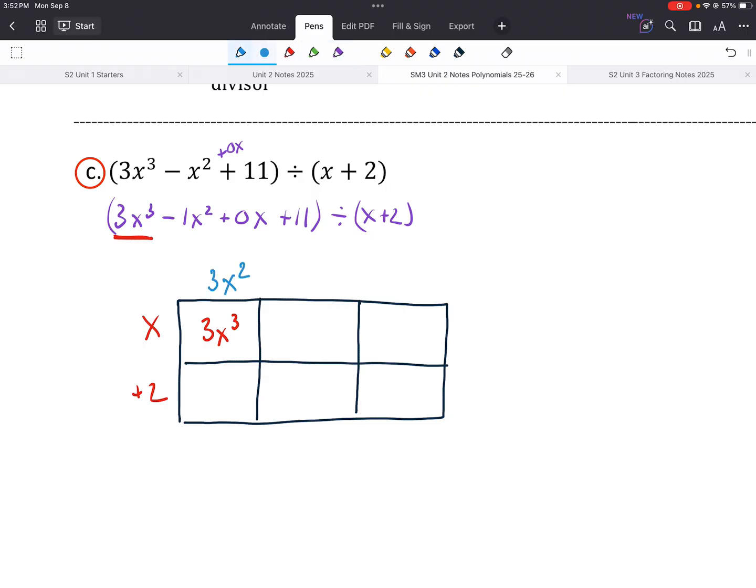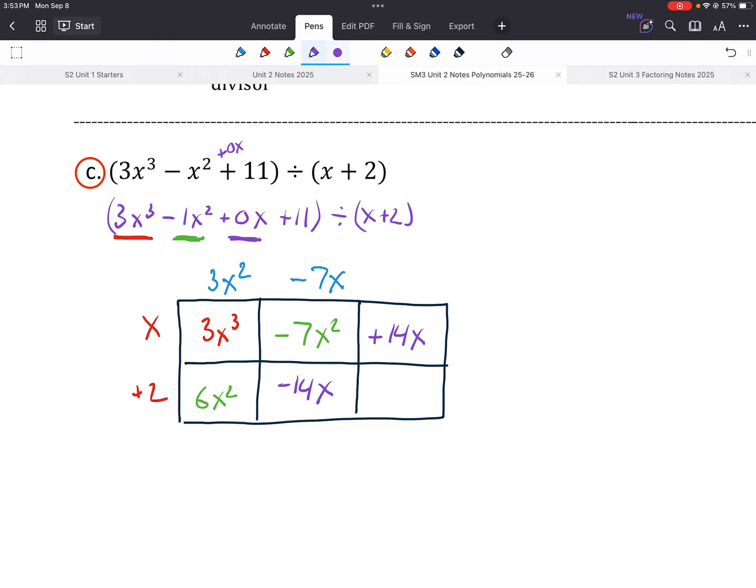This has to be a 3x squared, and then we multiply down to give us 6x squared, but wait, we don't want 6x squared, we want negative 1. So we have to subtract 7x squared and repeat. So this has to be negative 7x, so that if we multiply it by x, it would give us that box. Work our way down, negative 14x, but wait, we need it to be 0x, so we'll need to add 14x.